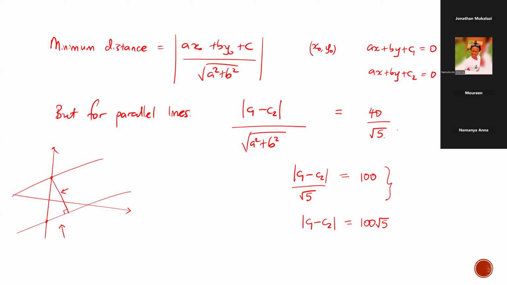is actually already 40 over root 5, but this is less than 100 and we want it to be equal to 100 at least. And so we can just use that because we know that the denominator is already root 5. We can just put it to 100 and determine what the minimum distance between the intercepts should be.